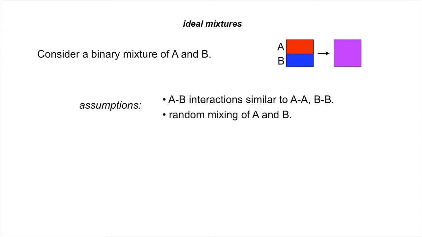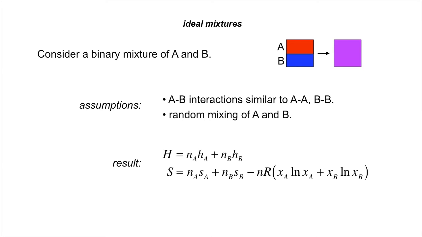Let us also assume that the mixing of A and B is completely random. As I'll show you in a moment, these assumptions lead to the conclusion that the total enthalpy H of the mixture will just be a sum of the enthalpies of pure A and pure B before they are mixed. Entropy will be similar, but with an additional term for the configurational entropy of a random mixture.